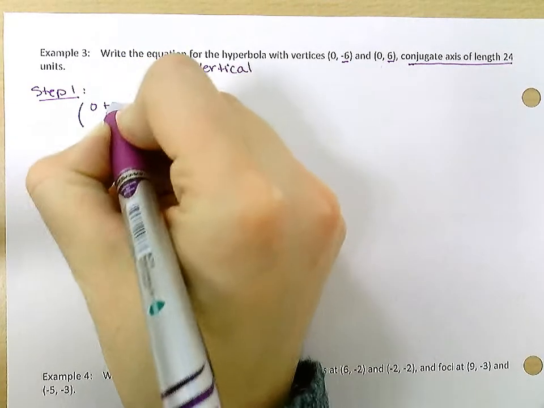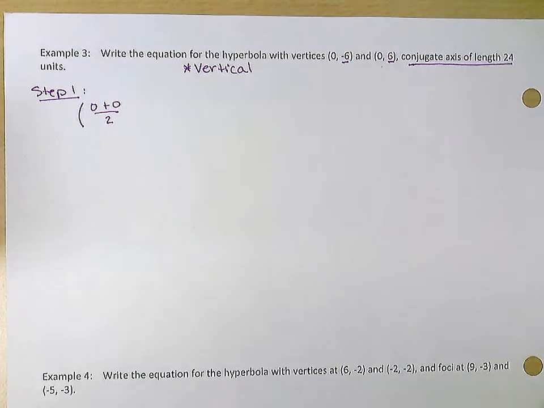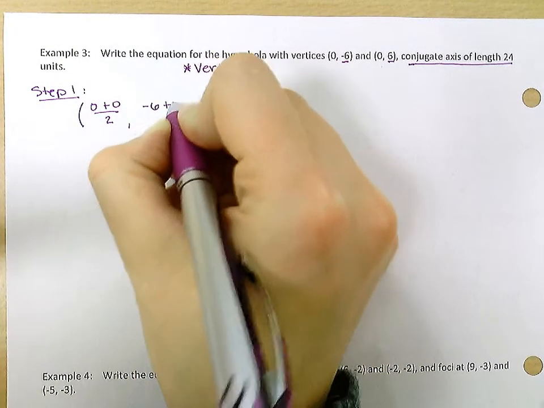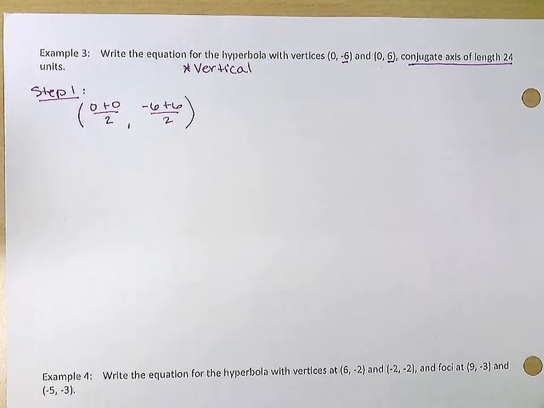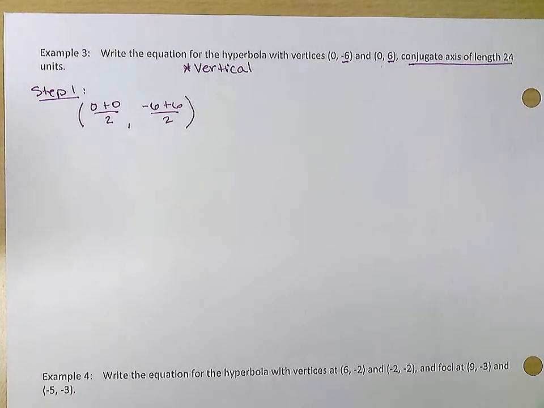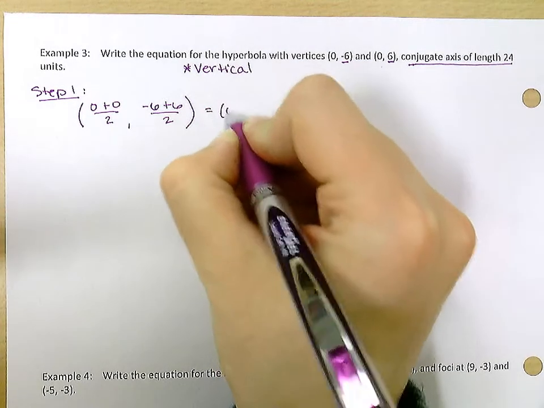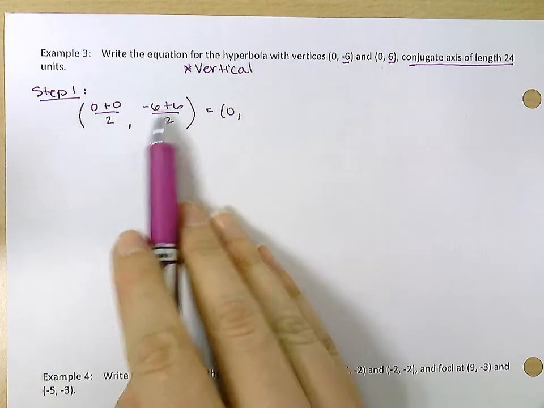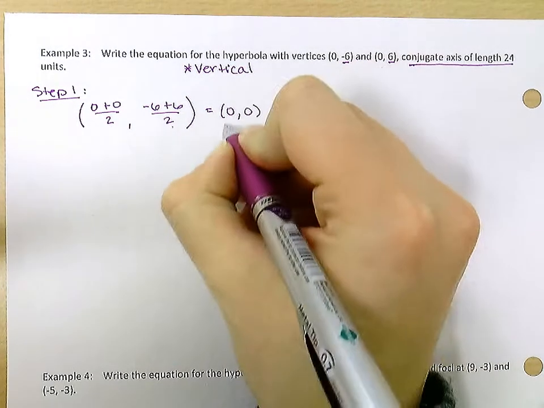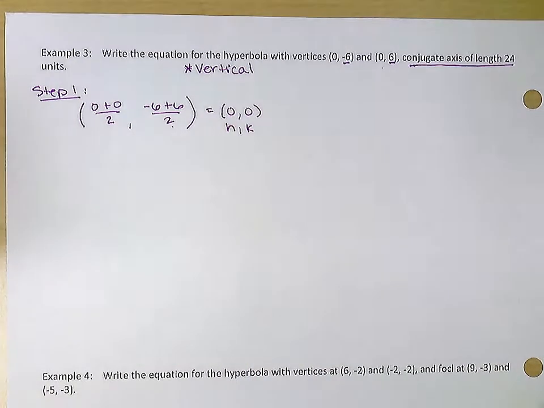Okay, so average those x values, which is 0 and 0, and then average our y values, which is -6 and 6. Okay, 0 divided by 2 is still 0. And then -6 plus 6 is 0, divided by 2 is 0. So our center again is at 0, 0, and that is h and k.